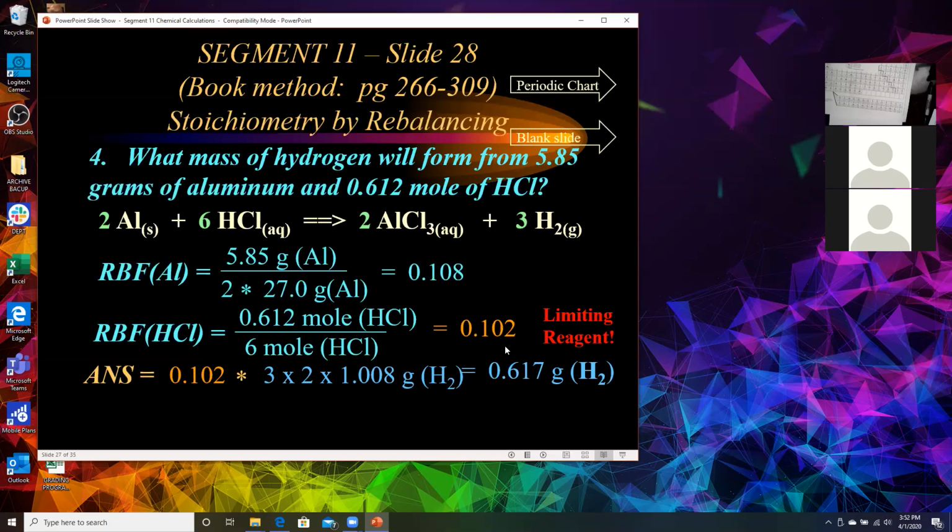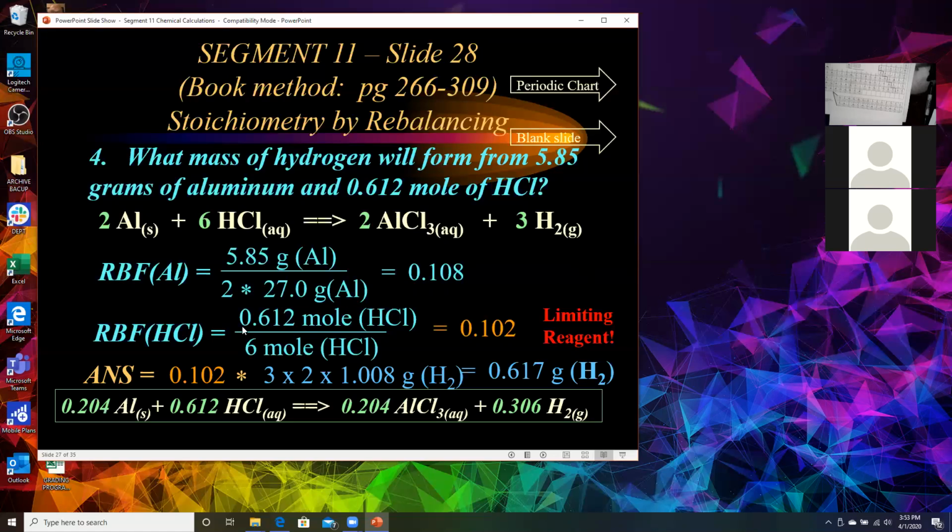So remember, that rebalancing factor multiplies the entire equation, and the amount used in this reaction is going to be contained in every single coefficient there. So not only do you do the one problem, you do the entire equation at once. And that's much, much better.